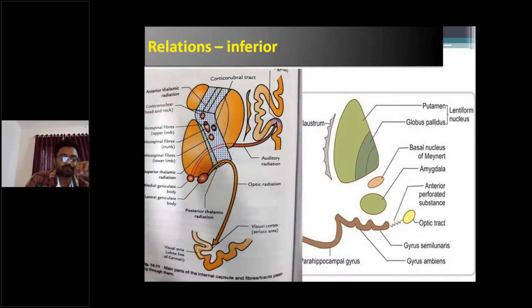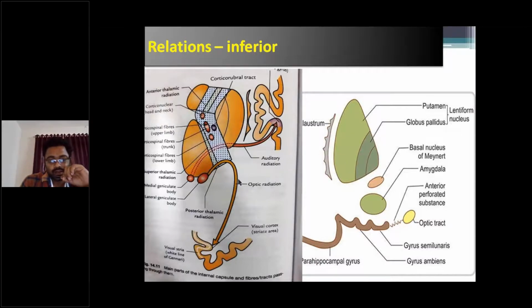Next, inferiorly. Inferiorly, the lentiform nucleus is related to the sublentiform part of the internal capsule, and also related to the anterior perforated substance.